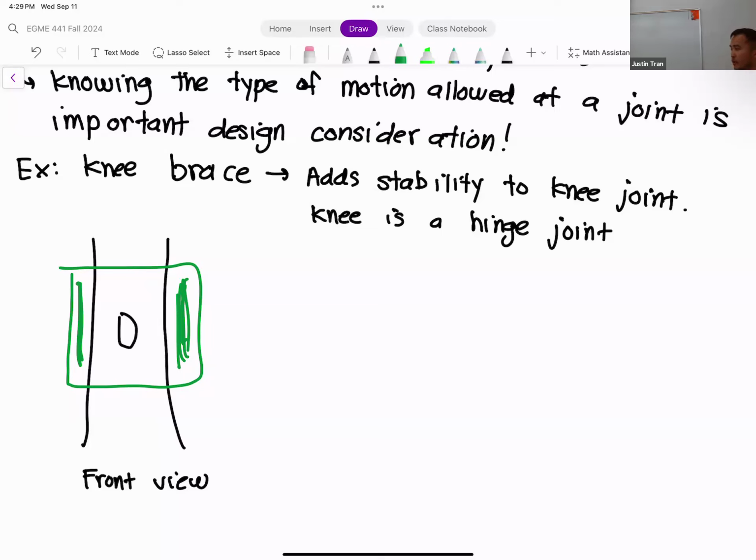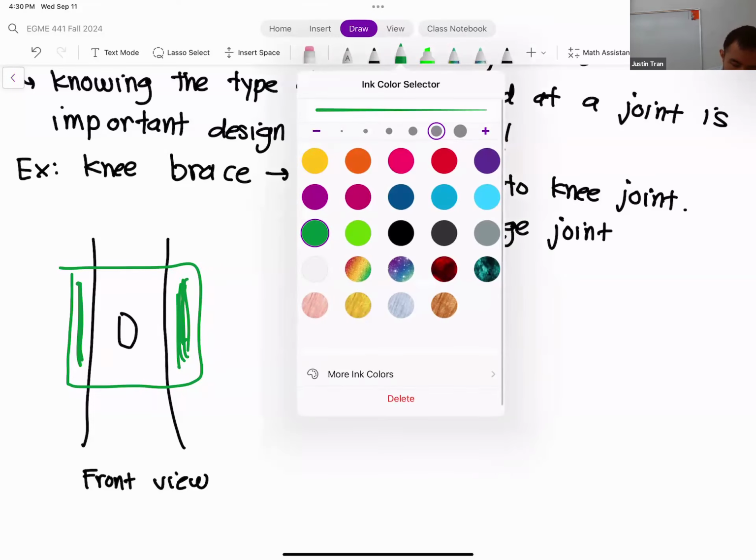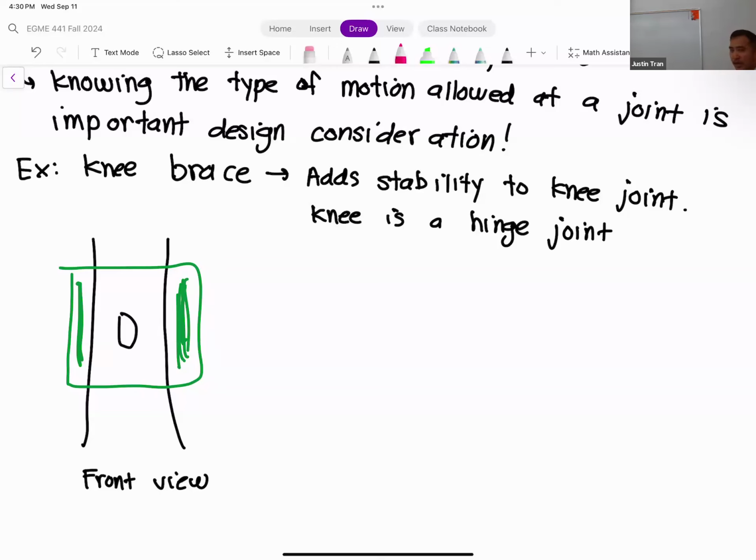And that's really important for the knee because, depending on how the person walks, or maybe they're playing a contact sport, or doing some activity, it's very common for the knee to absorb loads in directions that it's not supposed to. And so you'll see people that play football wear knee braces a lot too, because just the nature of football, people are tackling you from all different directions, right?